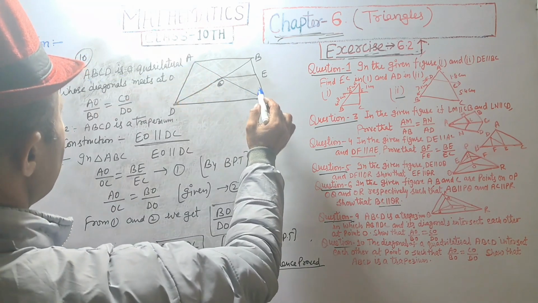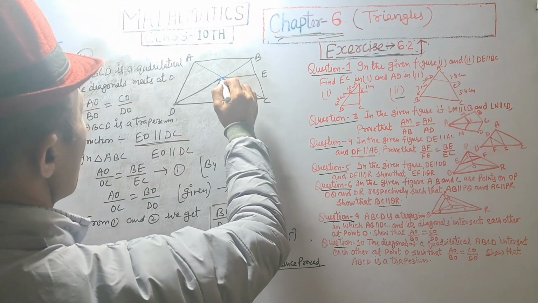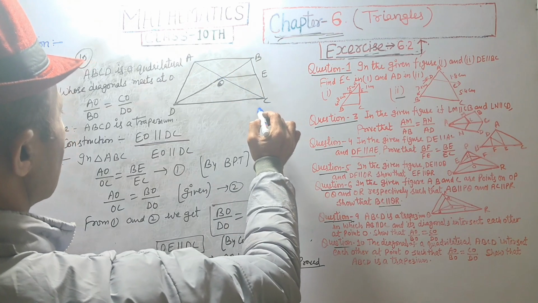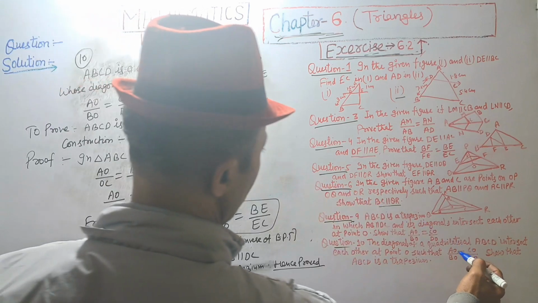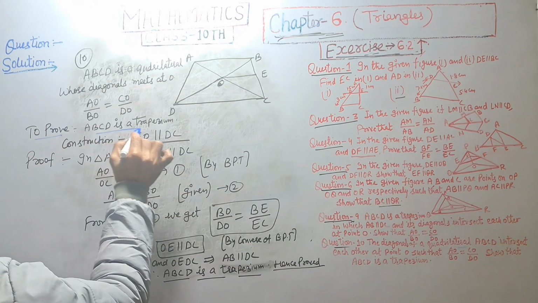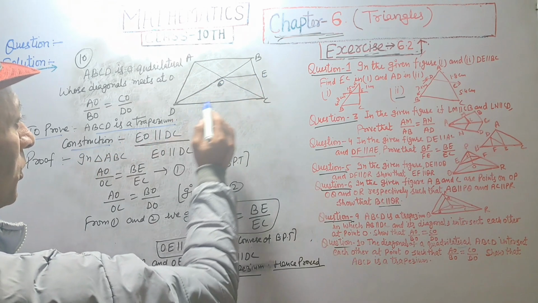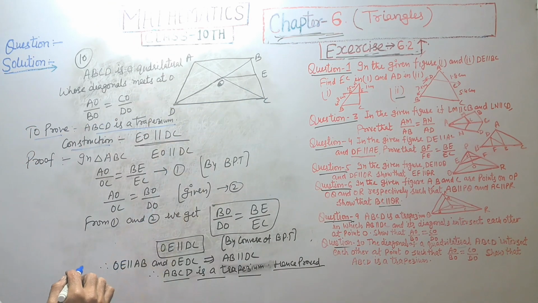ABCD is a quadrilateral whose diagonals meet at point O, BD and AC, and given AO upon BO is equal to CO upon DO, it's given. And we want to prove ABCD is a trapezium. Construction: EO is parallel to DC.